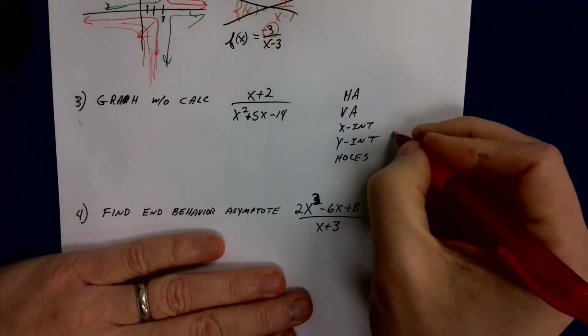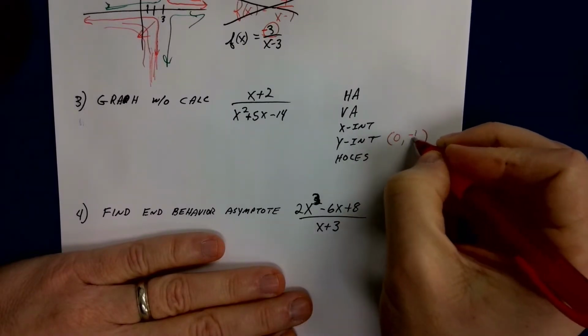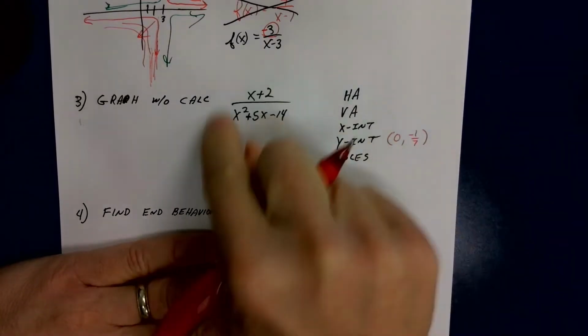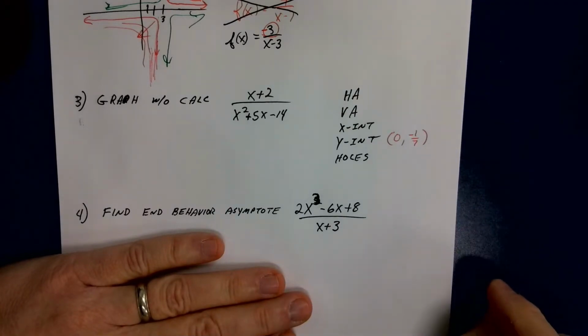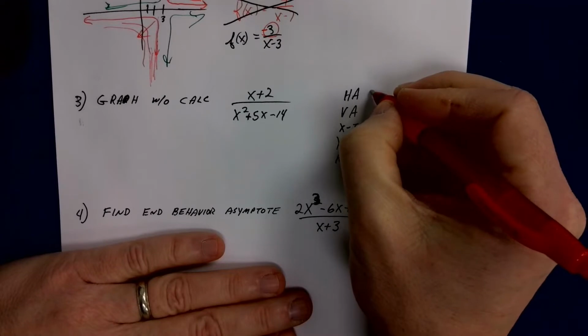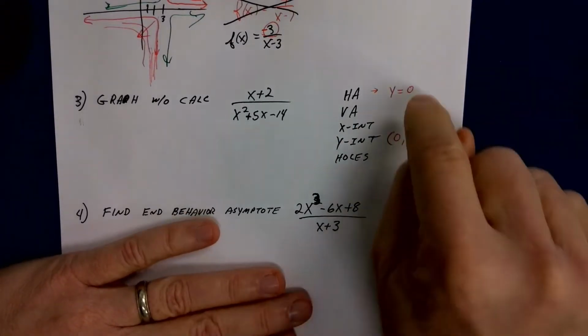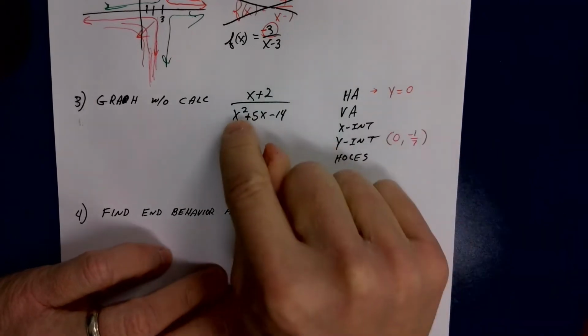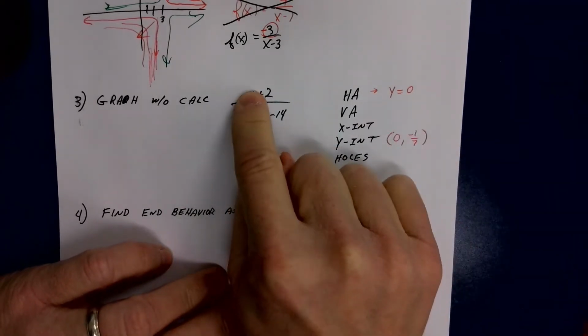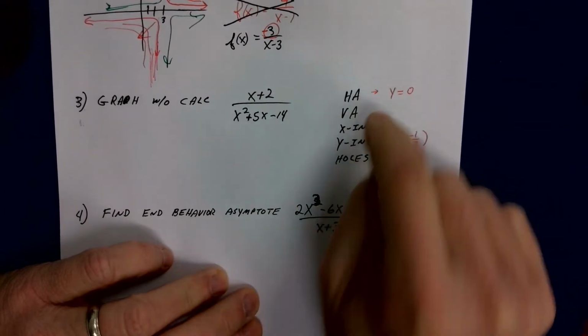Let's start with the y-intercept. The y-intercept is at 0, negative 1/7, right? Because I plug 0 in for all those things. Horizontal asymptote, that's this one right here. That's at y equals 0 because the x squared grows at a faster rate than the x, so you'll have a small thing divided by a large thing. So I know I have that.